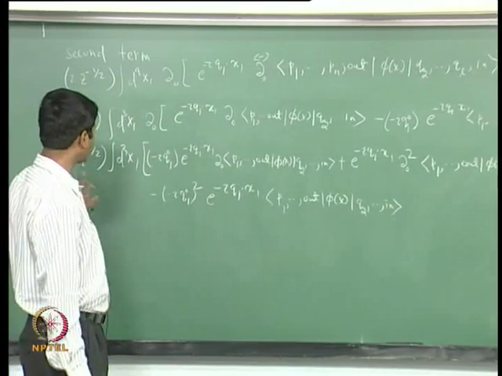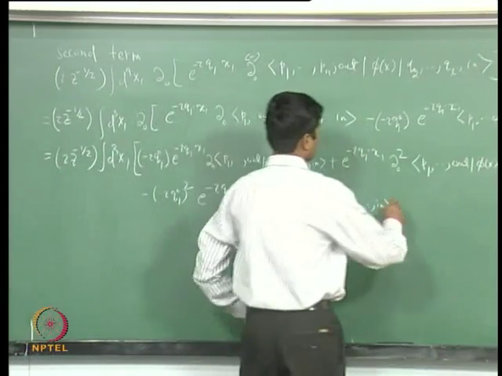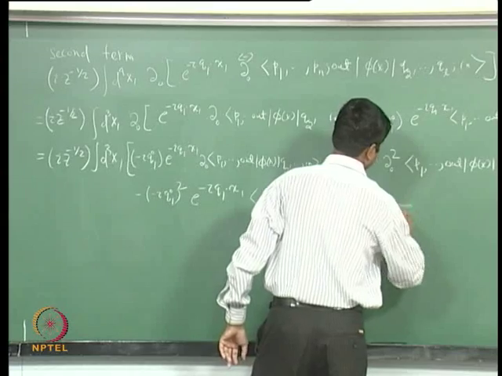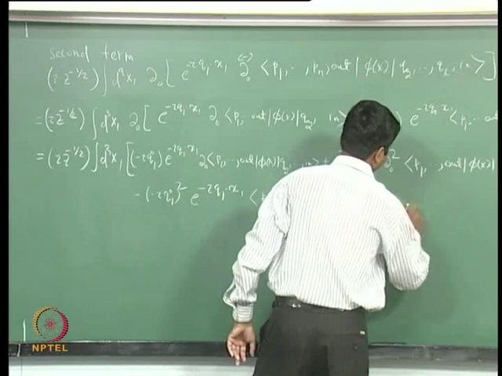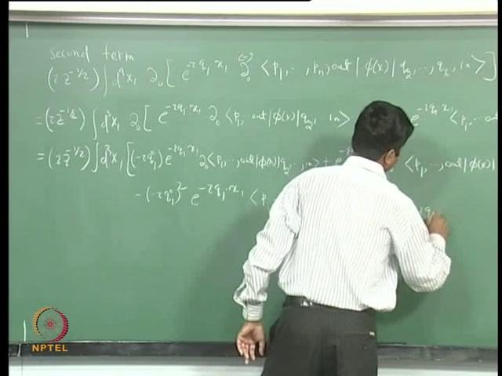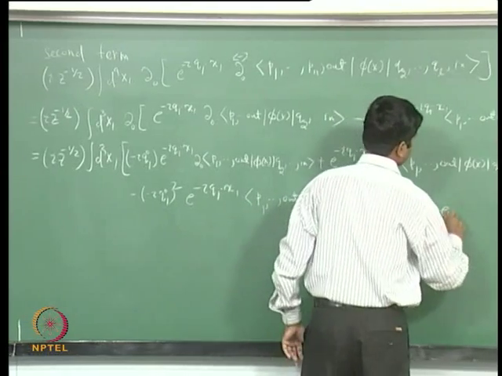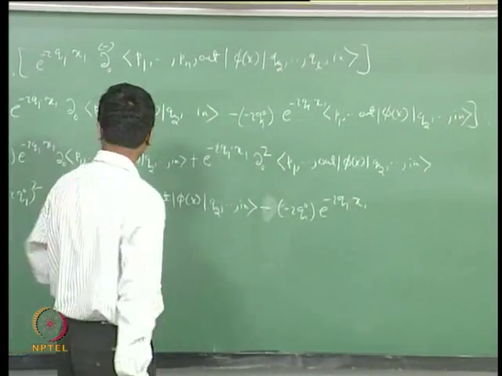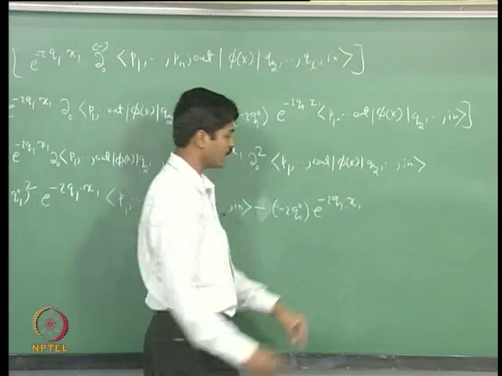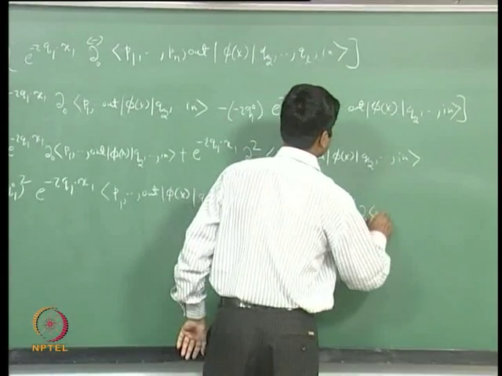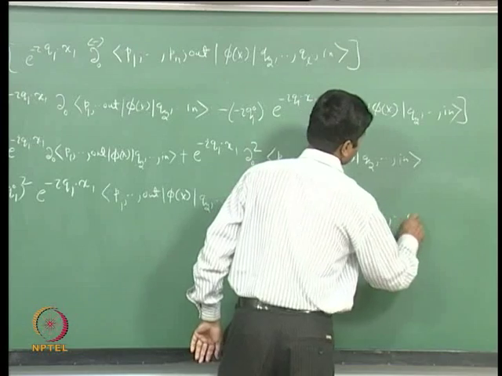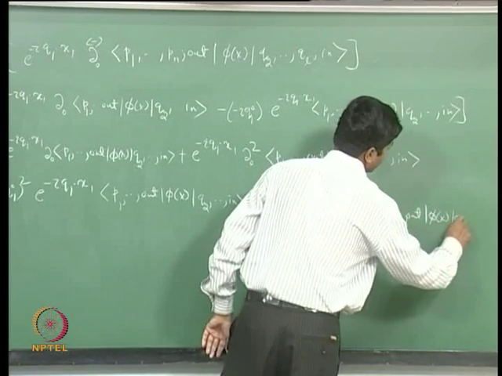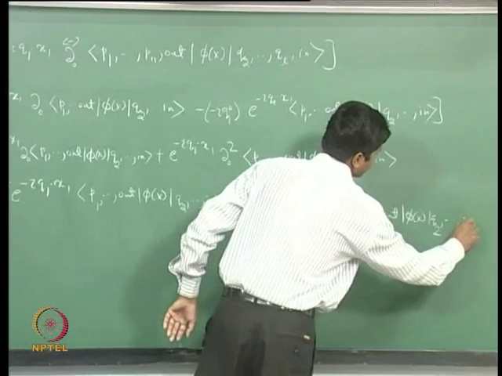Then I will get another term, which is minus i times minus i q_1^0 e^(-i q_1·x_1), then ∂_0 will act on this state. So, ∂_0 acting on ⟨p_1 ... out| φ(x) |q_2 ... in⟩.